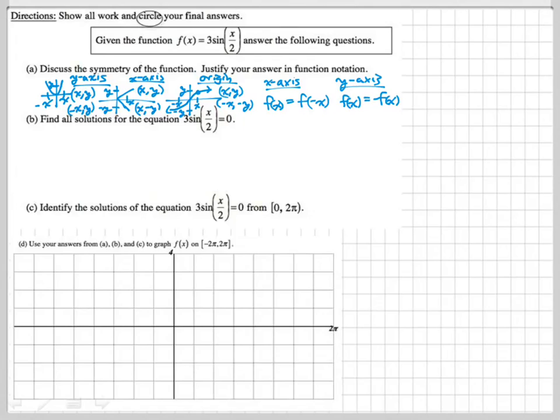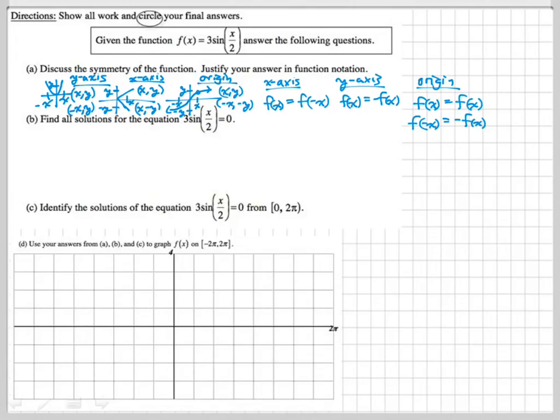So it doesn't matter if you plug in a positive x, you can get the negative or the positive version of it. And finally, for the origin, if you plug in x, then you get a positive f of x, and if you plug in negative x, you would get a negative f of x. So that's how you describe the symmetries in function notation.